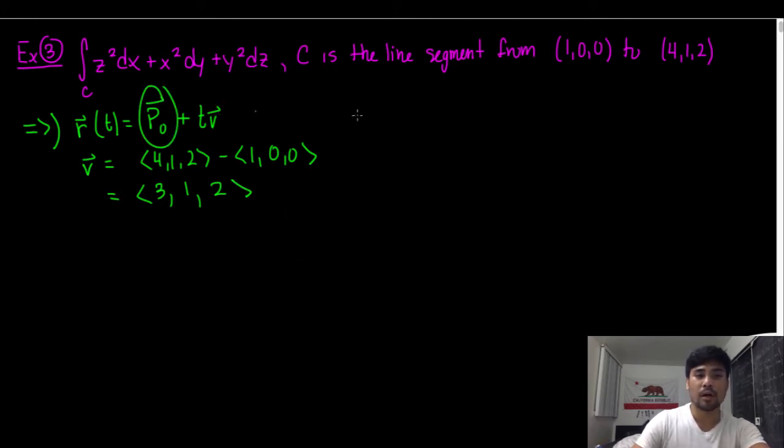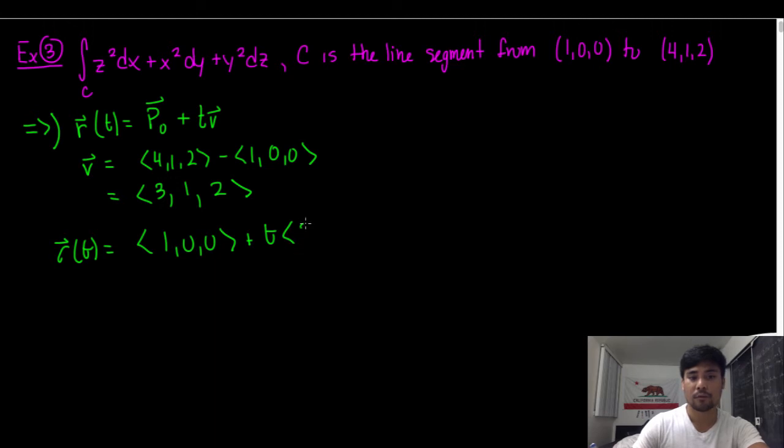Okay, and P naught starts at 1, 0, 0, so I guess r of t should be the vector 1, 0, 0 plus t times v, which is 3, 1, 2. Okay, and adding these two vectors together we'll get 1 plus 3t, 1t and 2t.